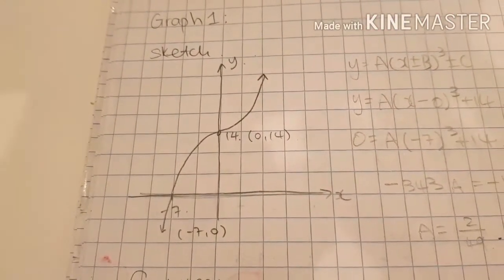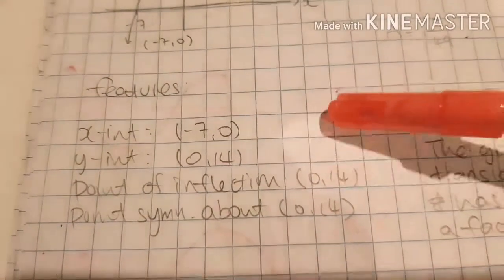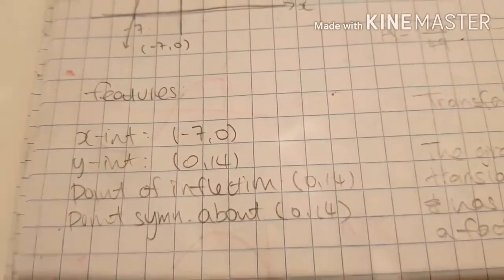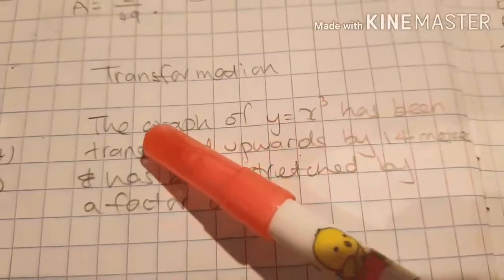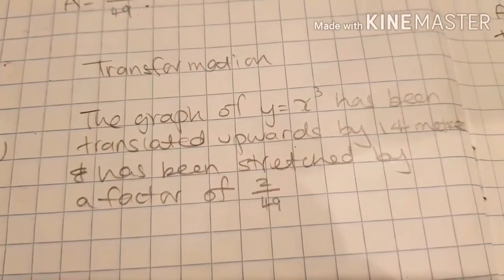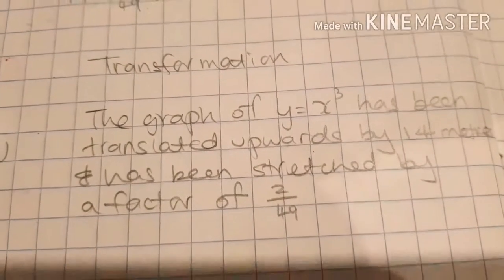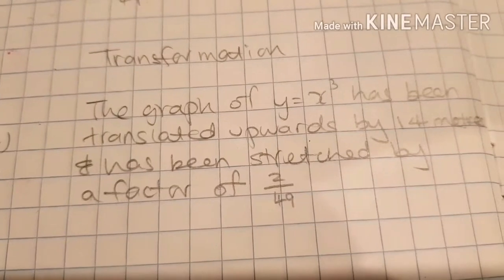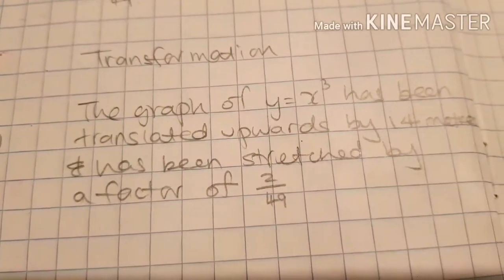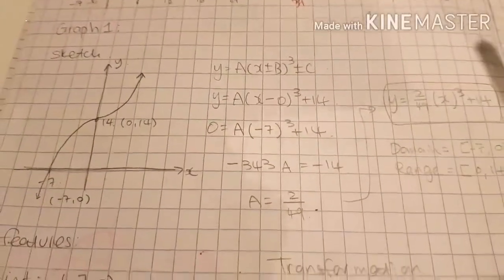So therefore, you should be able to write features like this and the transformation. Remember, always start from the graph of the original function y equals x cubed and explain how it has been changed. Okay, right, so people, this is my answer for graph 1.